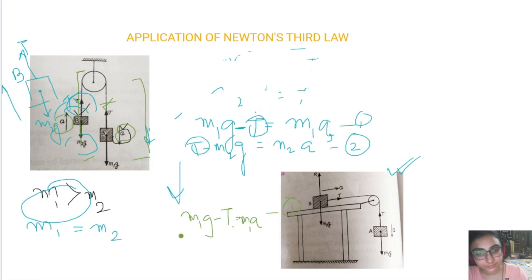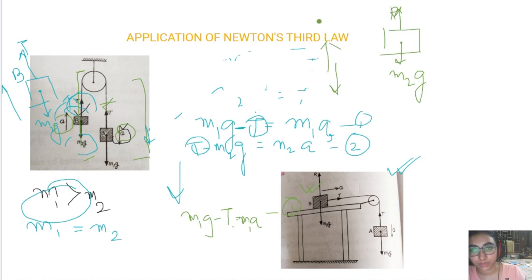और यहाँ पे क्या होगा? Look at body B. This is a little different, right? So let's draw the body B separately here. m2g, और ये वाला आ गया reaction. Obviously, Newton's third law, if there's a force downwards, there'll be an equal and opposite reaction upwards, right?